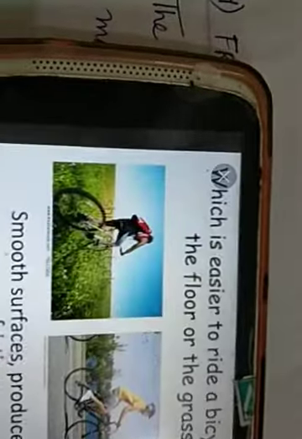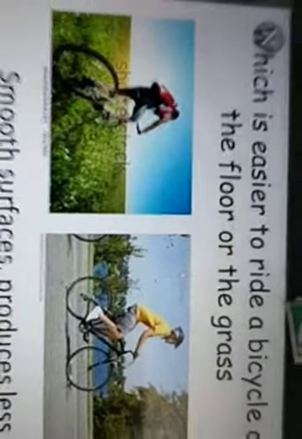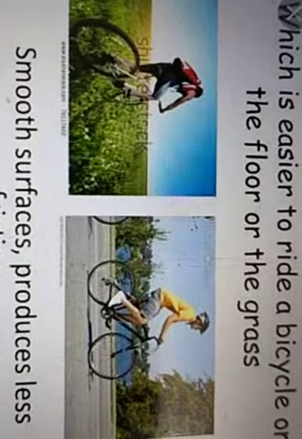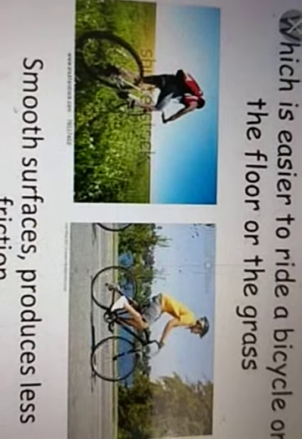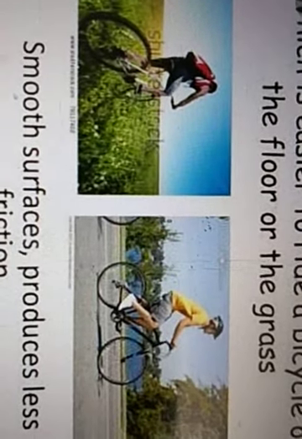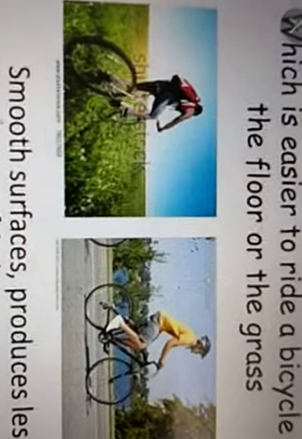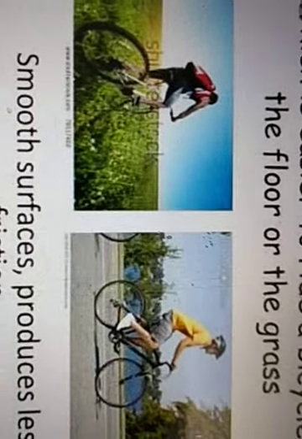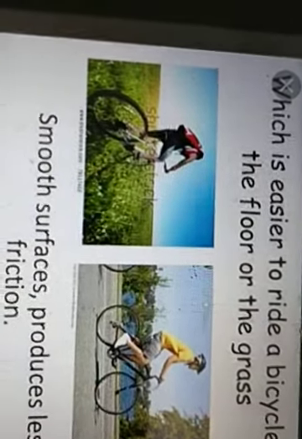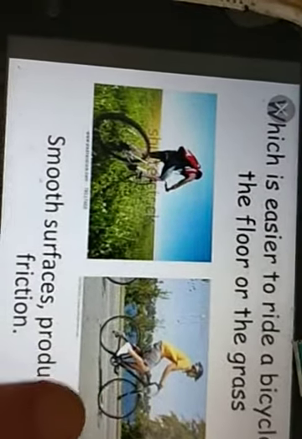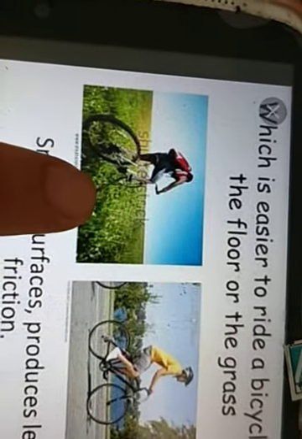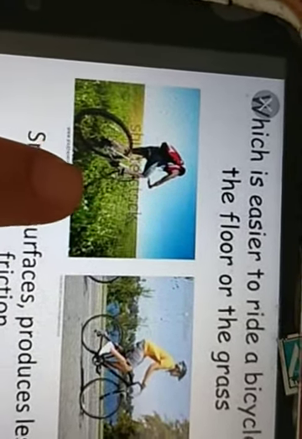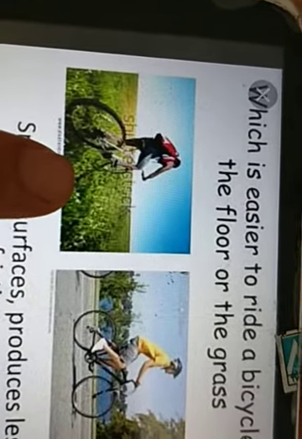And in the same way here also, is it easier to ride a bicycle on the road or on the grass? So where can you ride the bicycle easily? You all know that on the road you can easily ride the bicycle, because the surface of the road is smooth as compared to the surface of the ground on which the grass has grown.